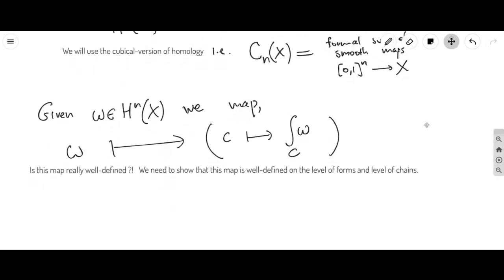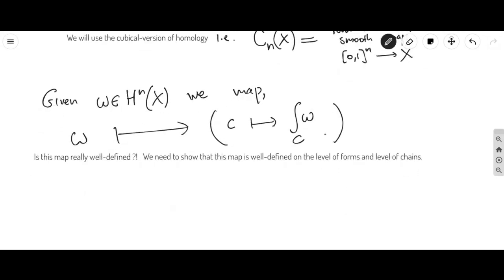So here's how it works. So let's first show that it is well defined on the level of form. So say that omega 1 and omega 2 are elements of the n-dimensional cohomology, and omega 1 is equivalent to omega 2.